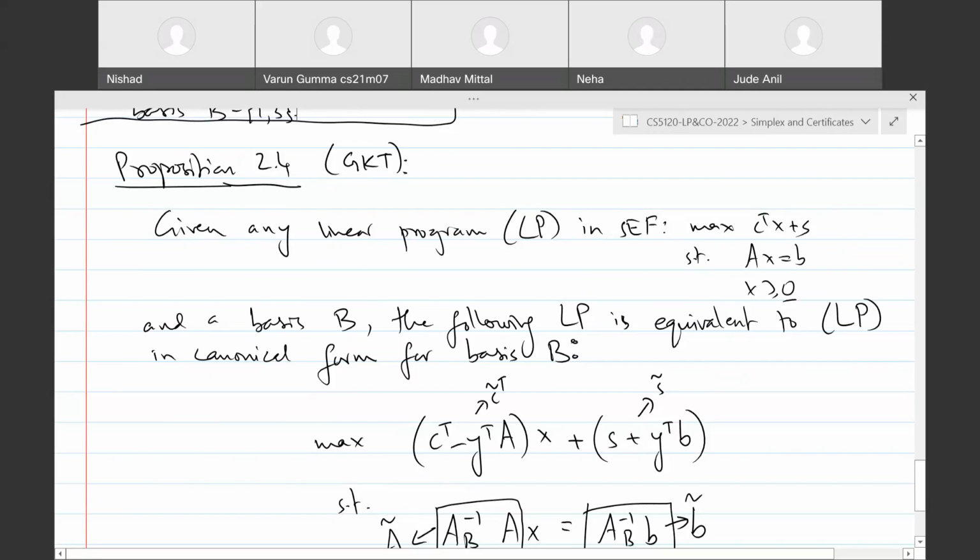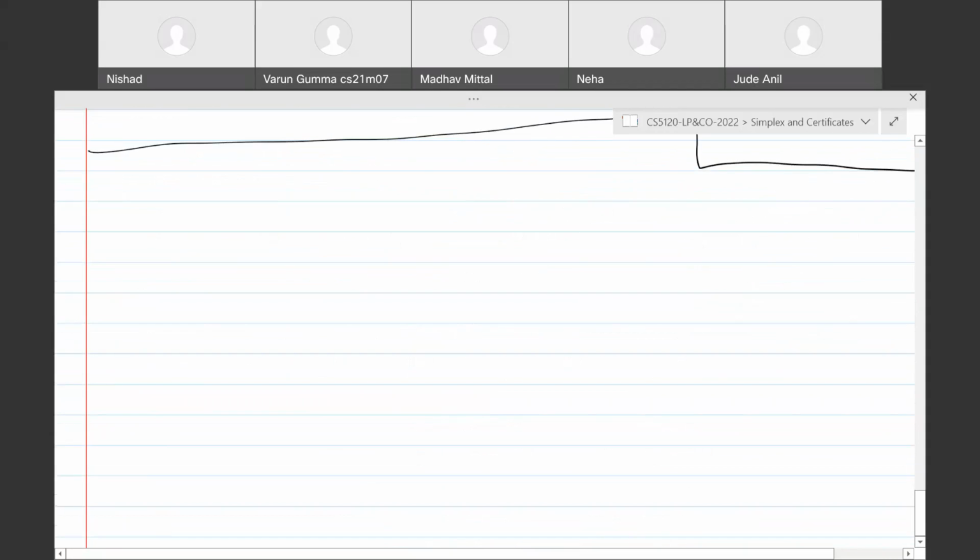So how do we go about finding a feasible basis? Which is the same as asking, how do you figure out whether your linear program is feasible or not? Because until now, when we used the simplex method, we already had this canonical form or dictionary form, which already gave us a feasible basis. But what if we don't even have a feasible basis? That's the next big question we want to answer.